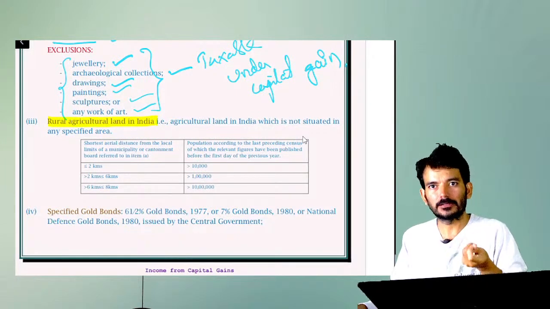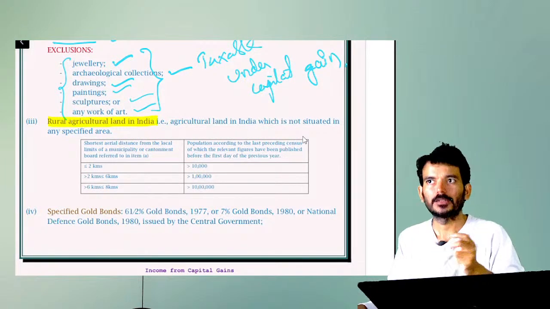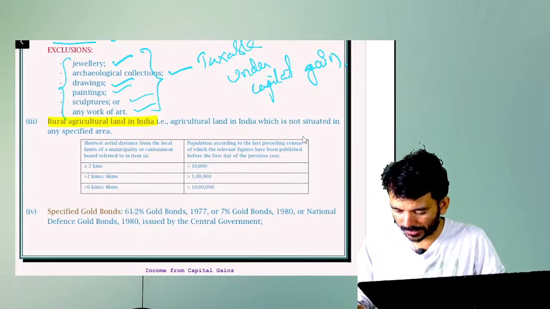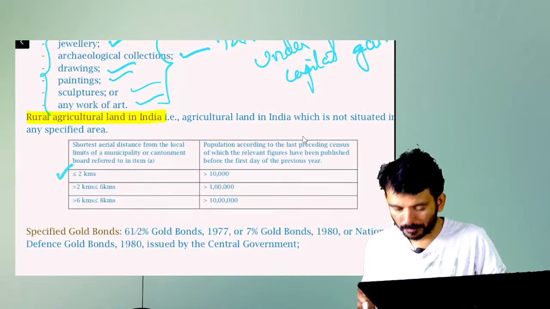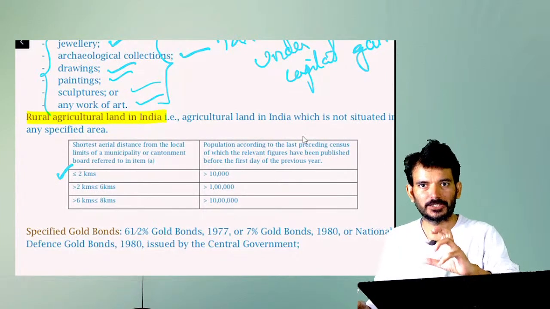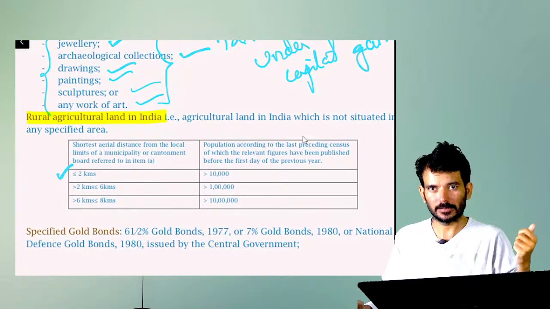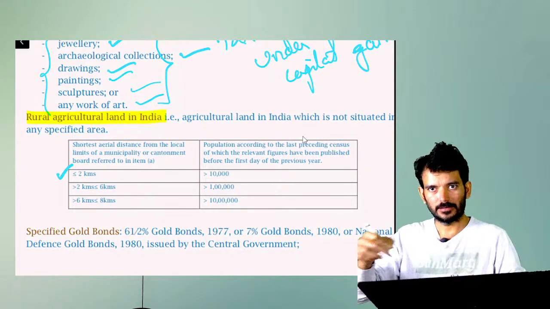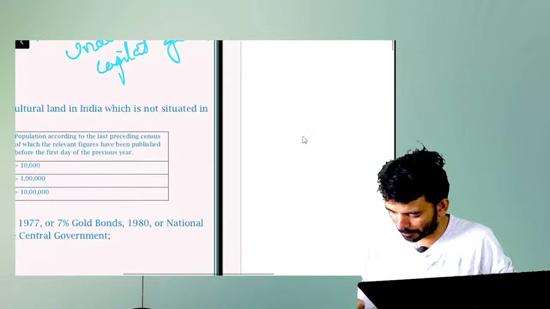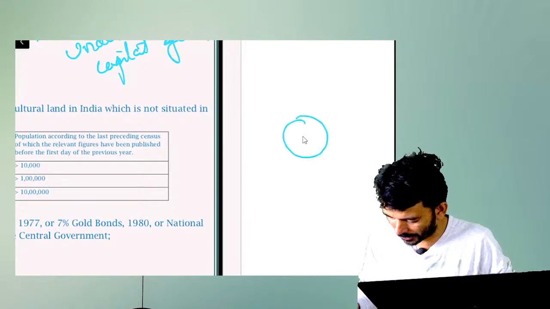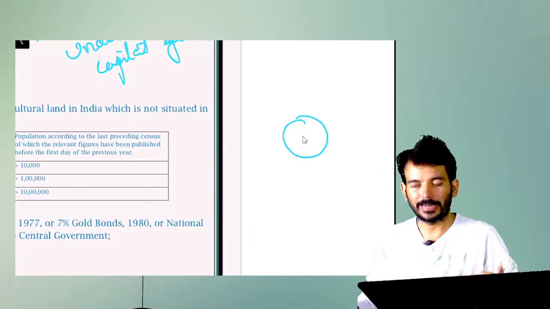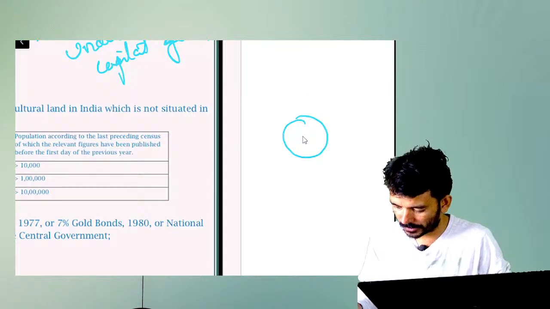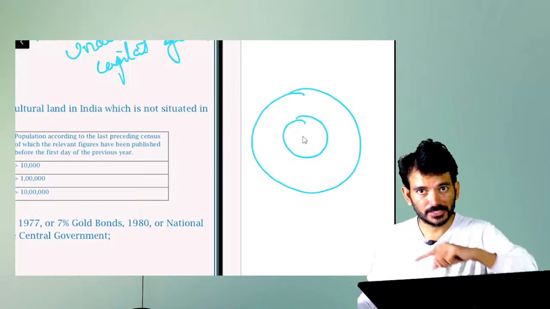But if the population is between 10,000 to 1 lakh, 1 lakh to 10 lakh, 10 lakh and above, okay, section 2(14), you remember this in the examination. If the population as per the latest census is between 10,000 and 1 lakh, the radius is measured like a circle around the cantonment area: 2 kilometers measured aerially.